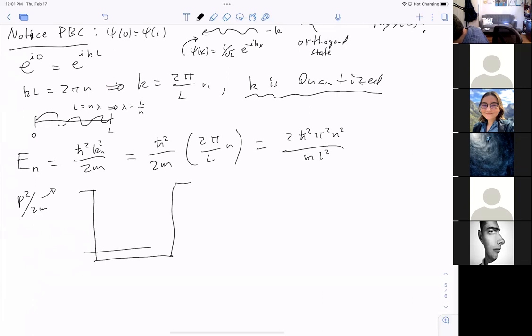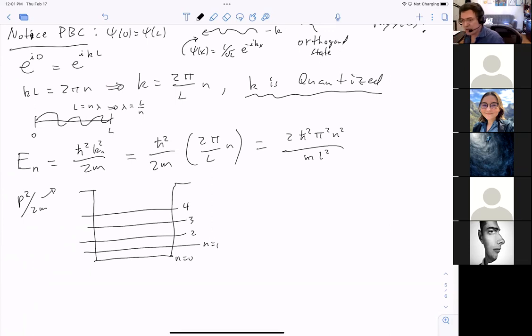So then we get all these energy levels. n equals 0, n equals 1, 2, 3, 4. We get all those. And then how many electrons can we put into each energy level? How many? Exactly.